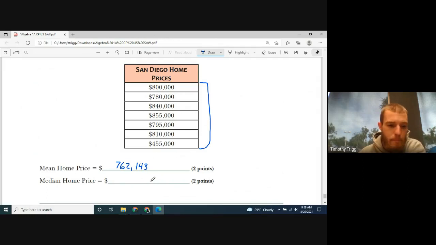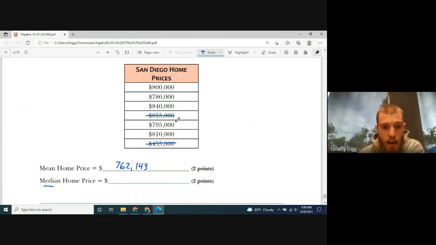Now the median means the number in the middle if they're listed from least to greatest. So if these numbers are listed from least to greatest, we want the one in the middle. That's how we find the median. So I'm just going to cross off the smallest and the largest as we go. First, the smallest is this number. Now I want to cross out the largest here.